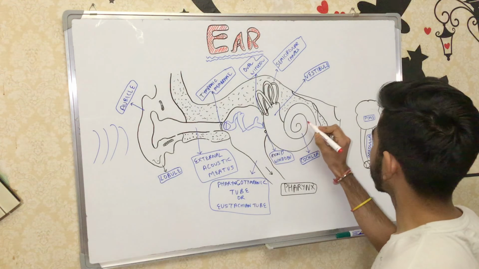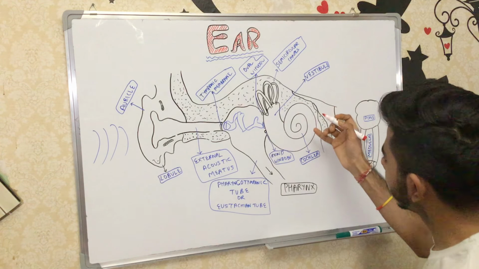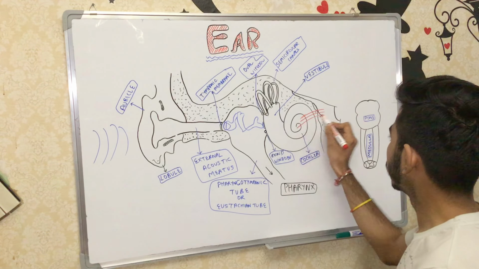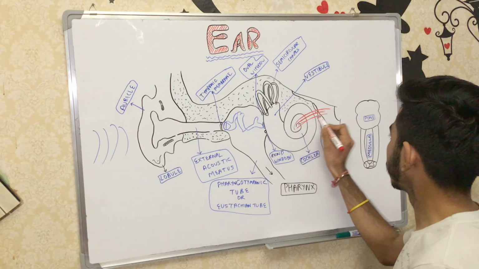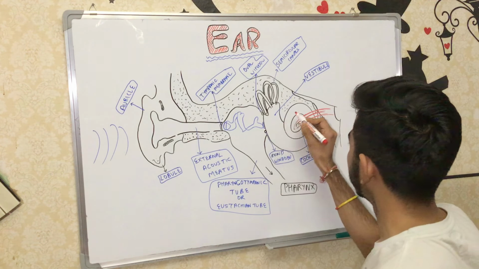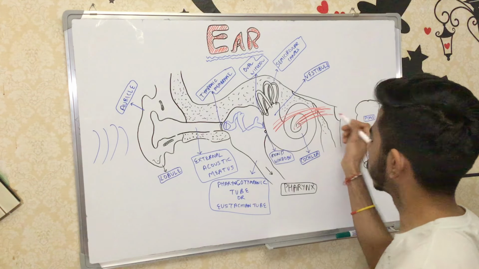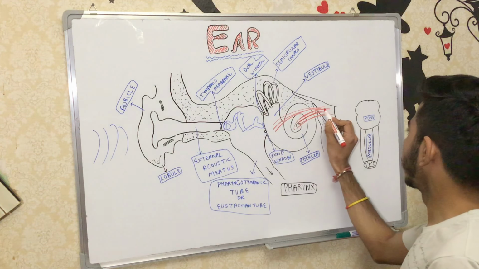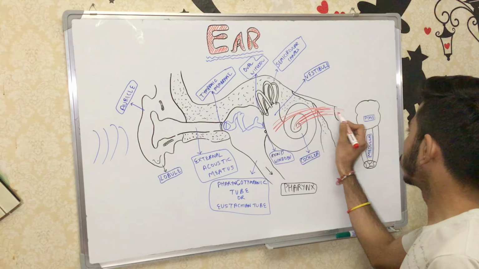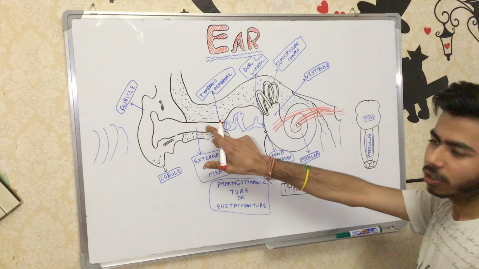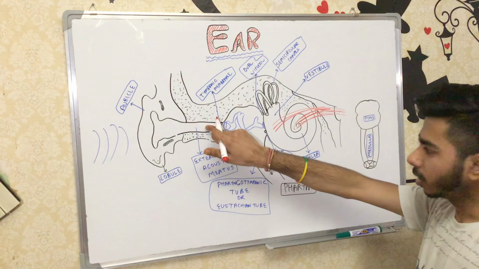Here the signals come from the cochlea. For example, this is the cochlear nerve, and this is the vestibular nerve, which is joining the cochlear nerve, and they move out of the ear. Remember, this part was the external acoustic meatus.